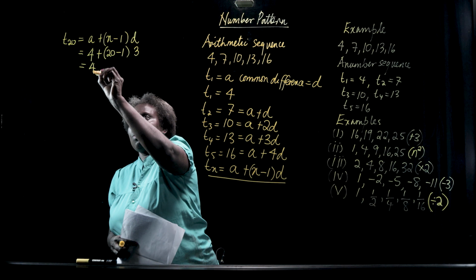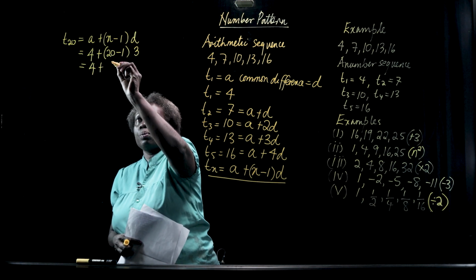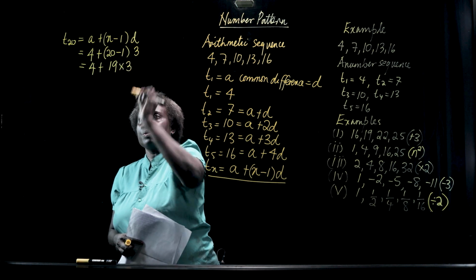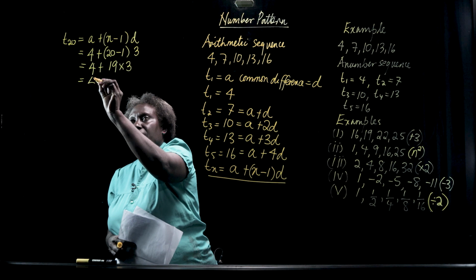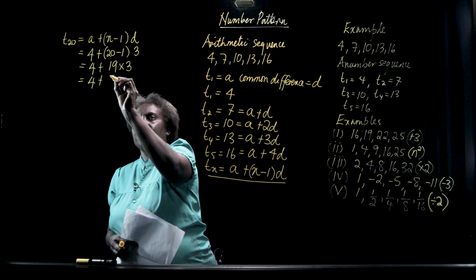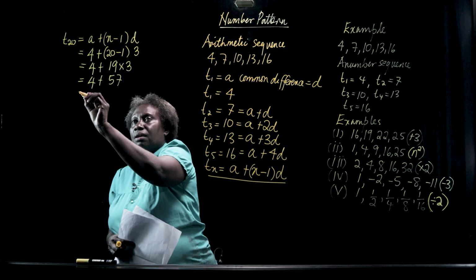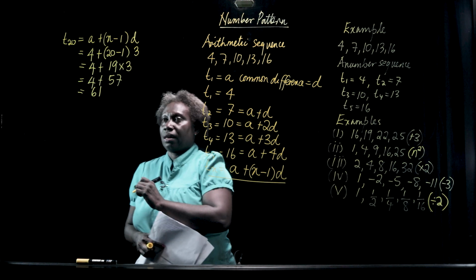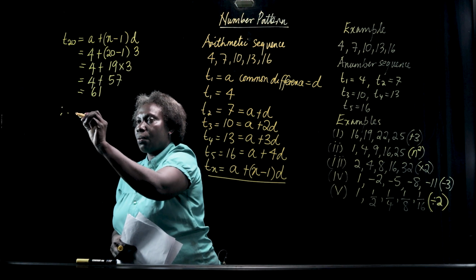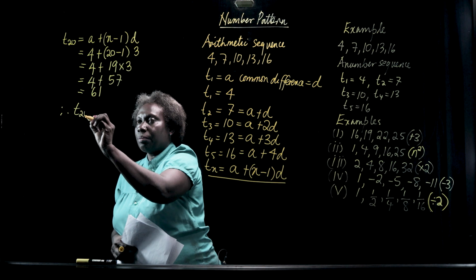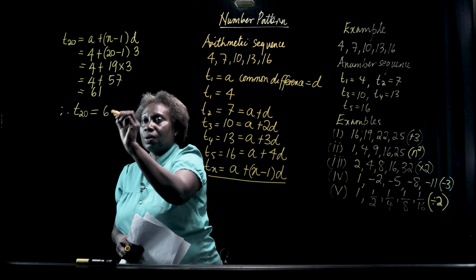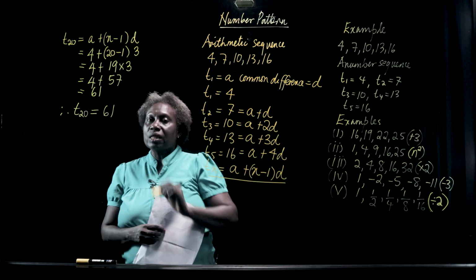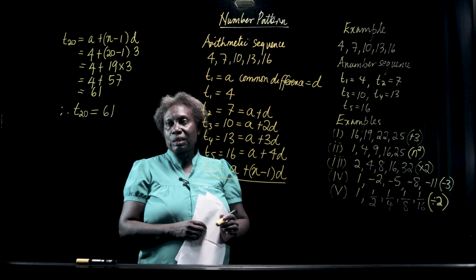So we have 4 plus 19, since 20 minus 1 is 19, multiplied by 3. That is 4 plus 57, which is equal to 61. Therefore, our 20th term is equal to 61.